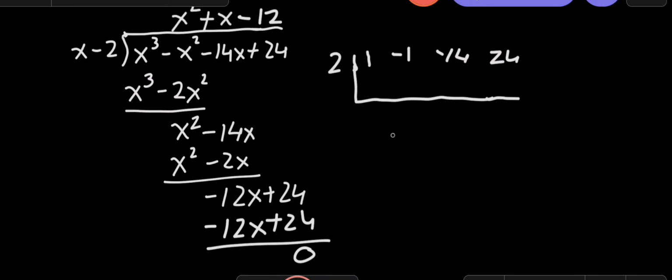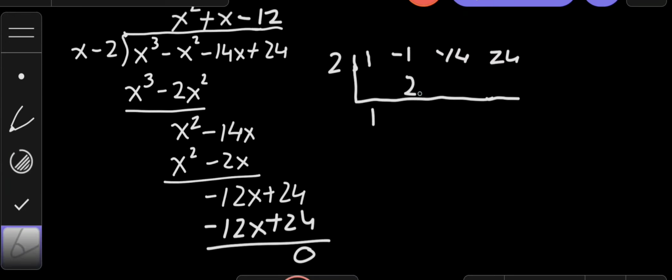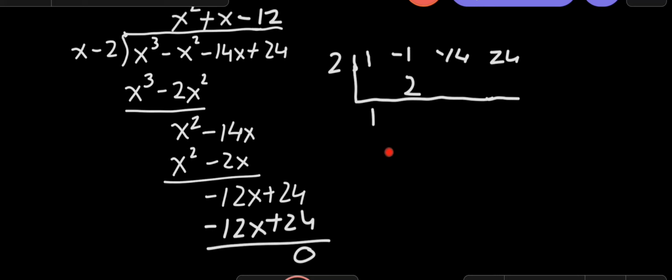You drop that first 1 below the box, and then 1 times 2 is 2. You write it underneath the next. But remember, you are adding instead of subtracting. So negative 1 plus positive 2 is 1.